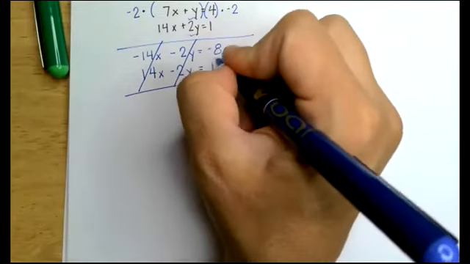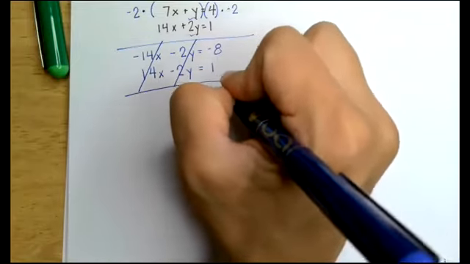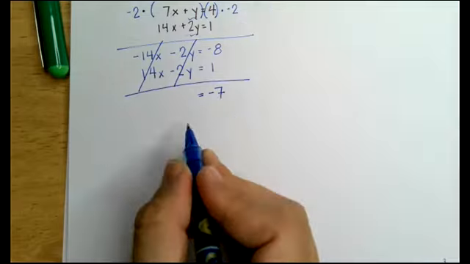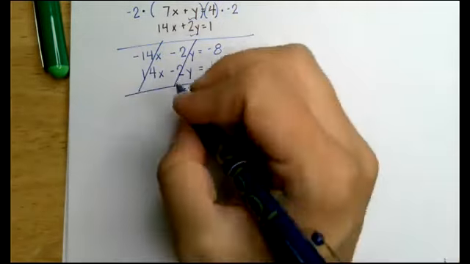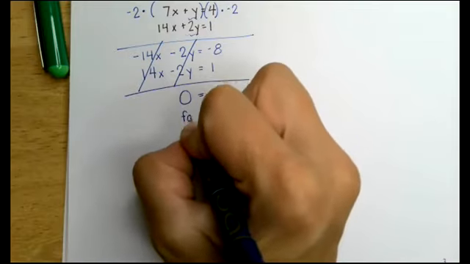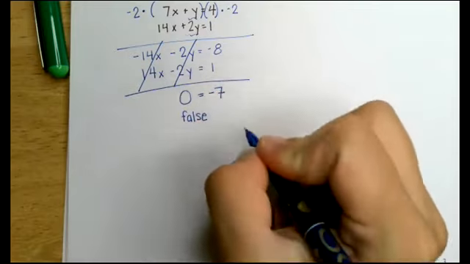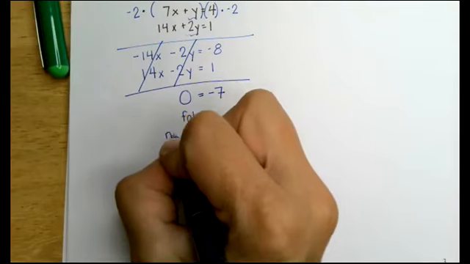Over here we have -8 plus 1, so a -7. But what do we have over here? We have nothing. So this is false. If it is false, it is no solution.